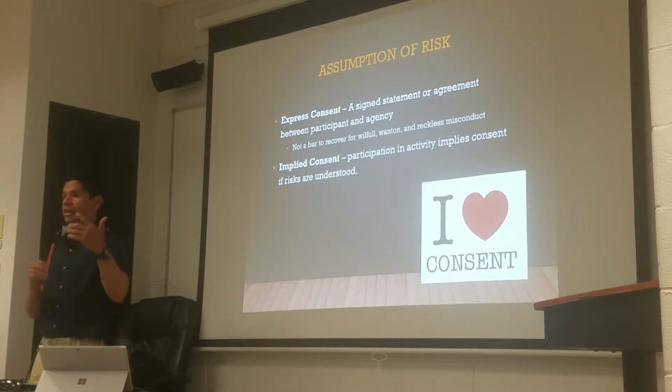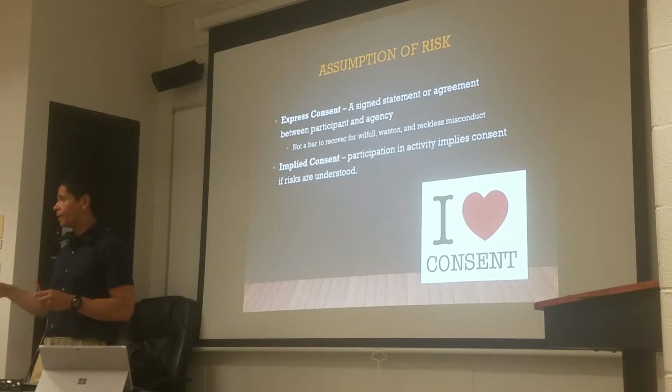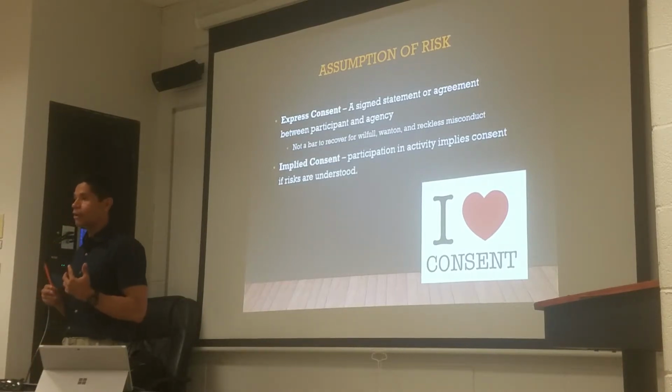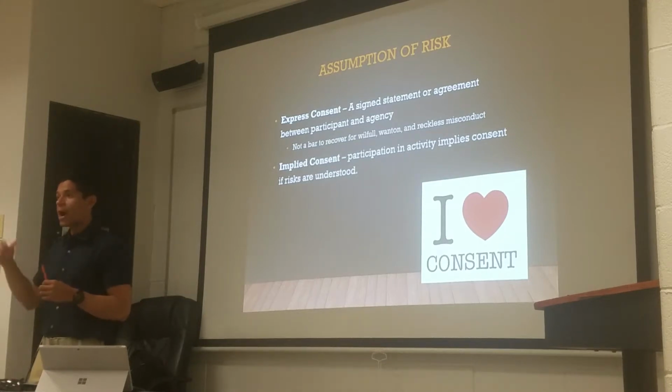My participating in the game is implied consent, that I understand the risk and all that, right? But then if I get hurt by a negligent act of somebody running the game, then that person wouldn't be totally covered from liability, right? They still will be liable if the court finds that maybe part of the cause of my injury was mine, but part was theirs, right?